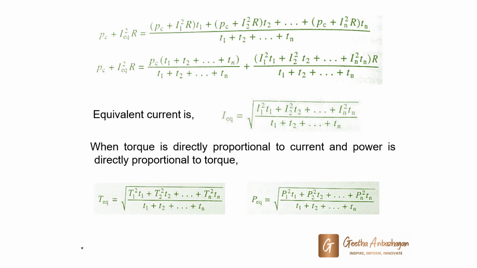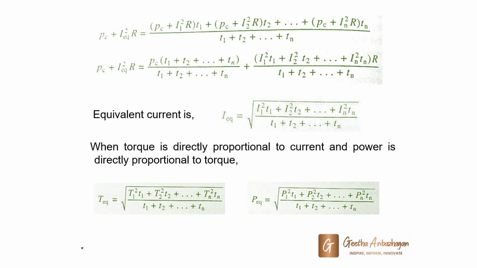As we know, motor loss consists of two components. One is the constant loss PC, which is independent of load, and the other one is core loss and frictional loss PCU, which is a variable loss dependent on load copper loss.